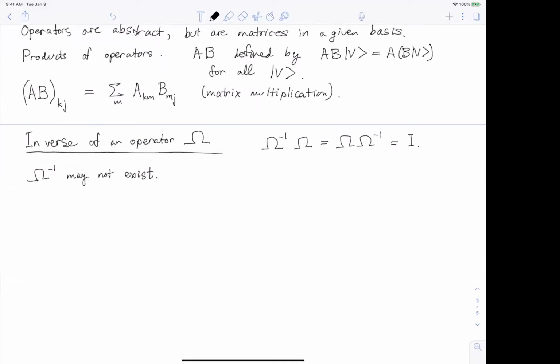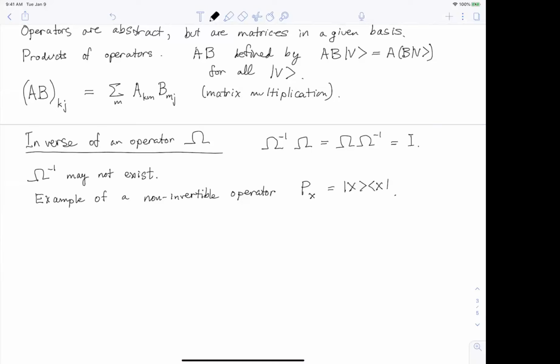First, let me give an example of where it doesn't exist. An example of a non-invertible operator is, let's say I have a projection operator onto some ket X. Notice I'm not summing over the X's; this is just one single X. The reason heuristically why this can't have an inverse is that if I act with this on some other vector v that happens to be orthogonal to X, I'm just going to get 0.